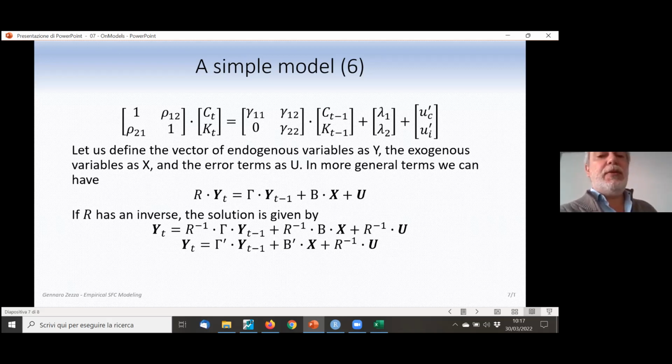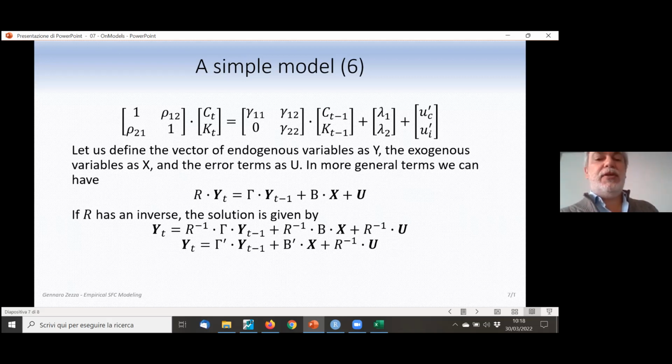any system of equations can be written with a square matrix R, which contains the coefficients which link the endogenous variables in the same period, matrix gamma, which links them to the previous value of the endogenous variable, and a B matrix, which links them to the exogenous variable, plus a vector of the random terms, so that in matrix algebra, the system has a solution if you can find the inverse of R, and it will imply the last line where the gamma prime is a new matrix with the same size of gamma.